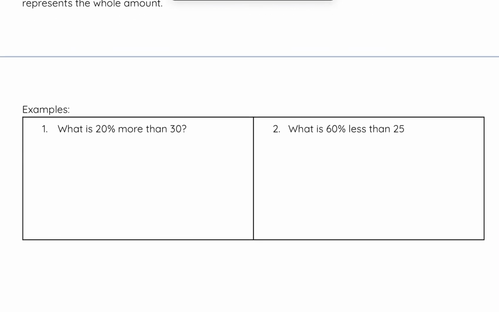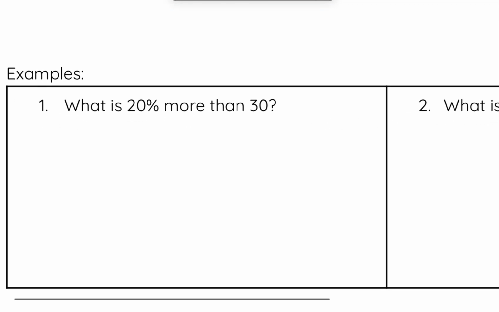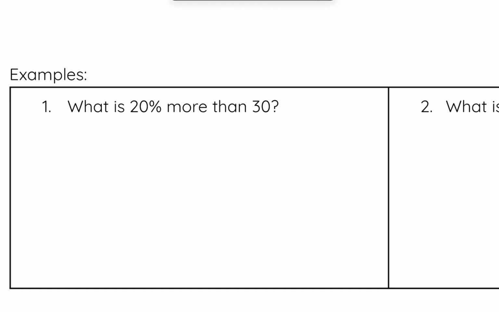All right, let's look at a couple examples of this. In this first example, we want to know what is 20% more than 30. To start, we have 100, and since it's 20% more, that's an indication that this is an increase.